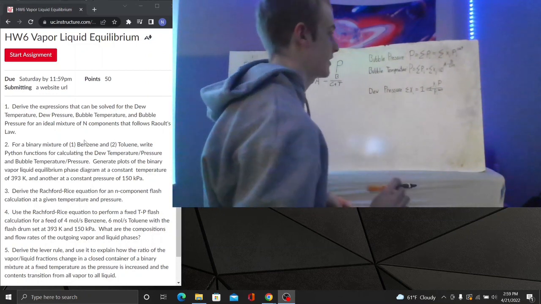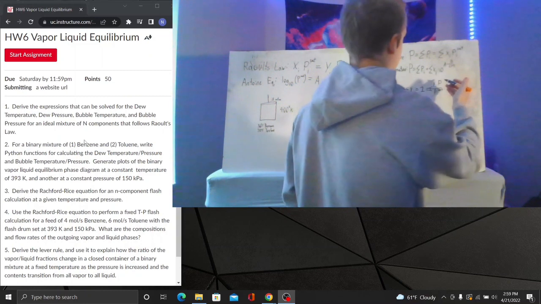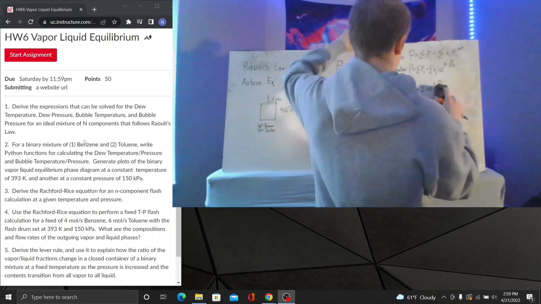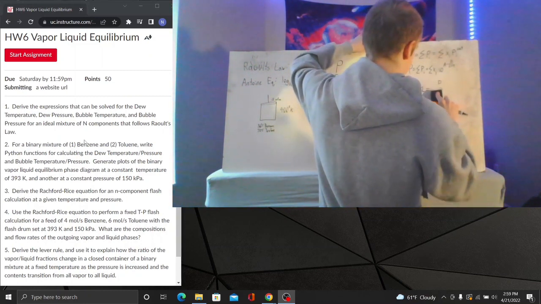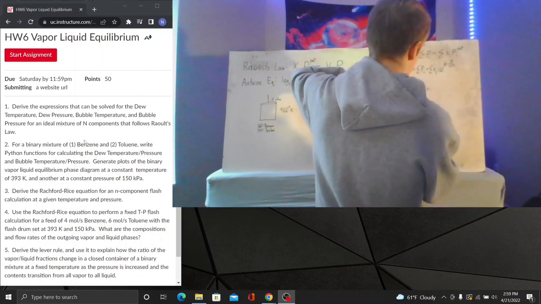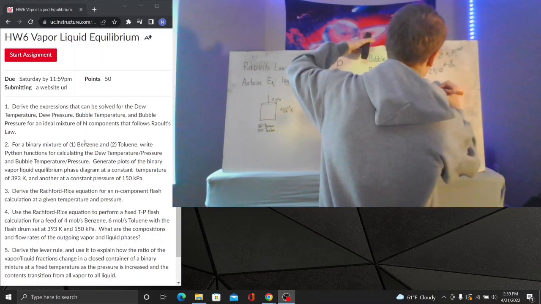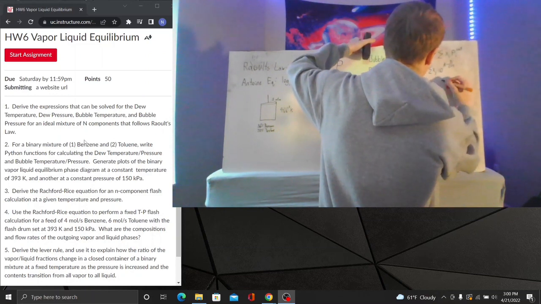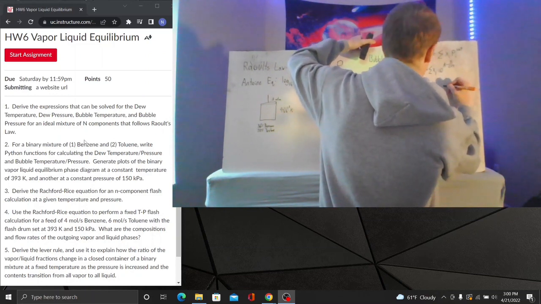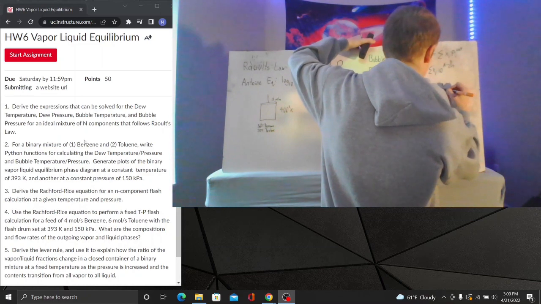So what we are trying to find is this P up here, so we can bring that out in front. So it'll be P times the sum of this mole fraction over the pure saturation vapor pressure.